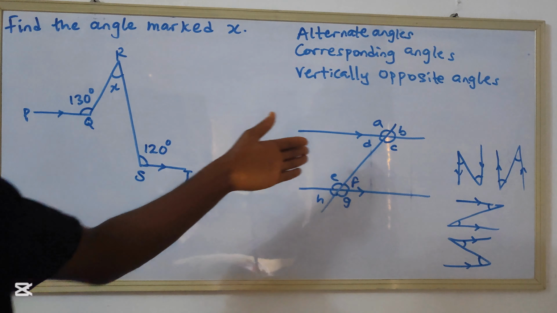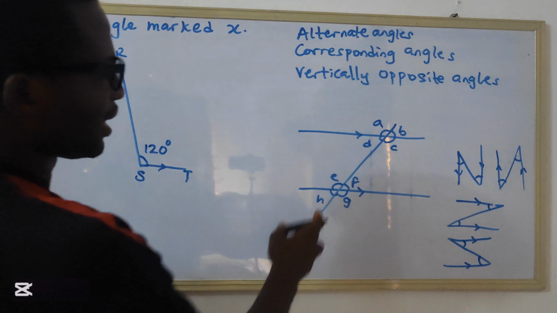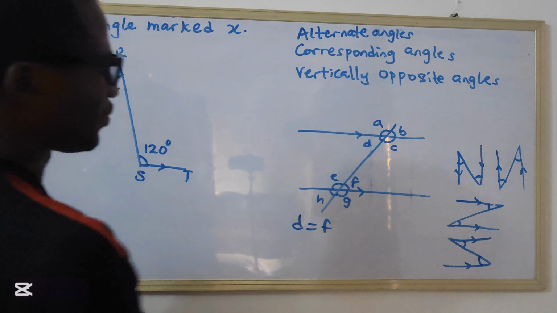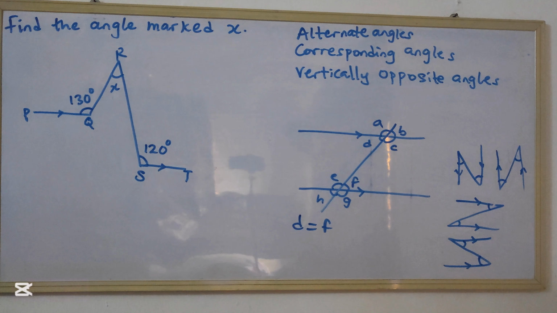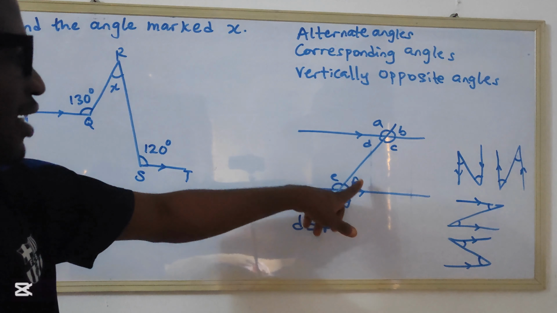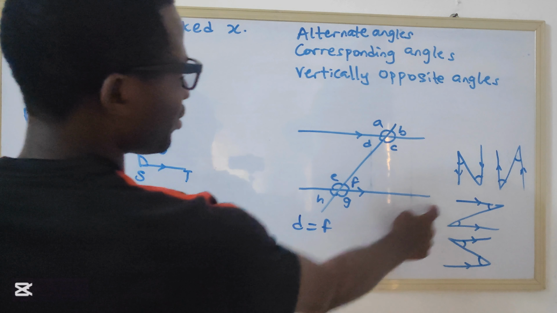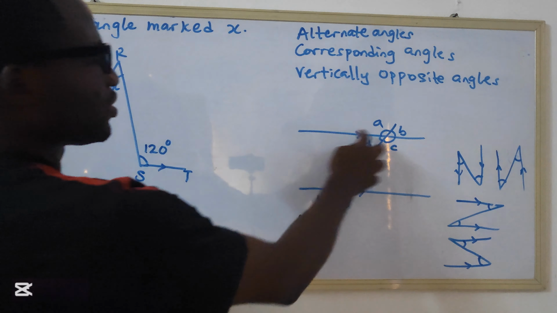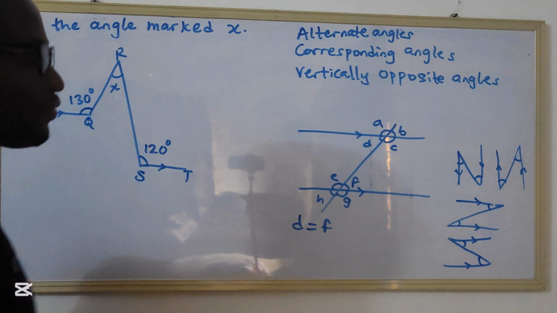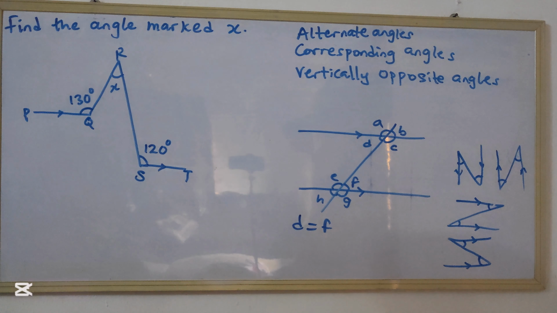So in this diagram I've drawn, I can say that the angle B is equal to the angle F, because they are alternate. The angle D is here, the angle F is here. This shape looks like Z. So the angle D is equal to the angle F, and that's because they are alternate angles.